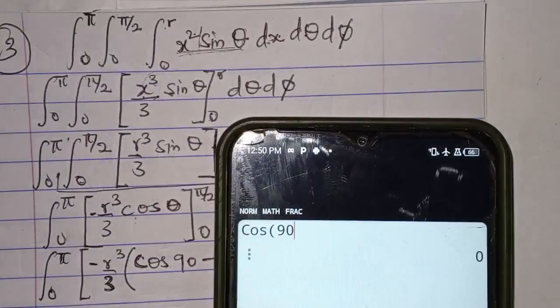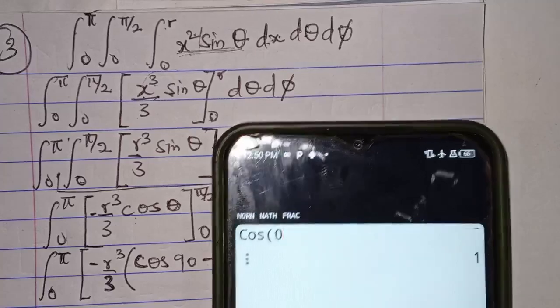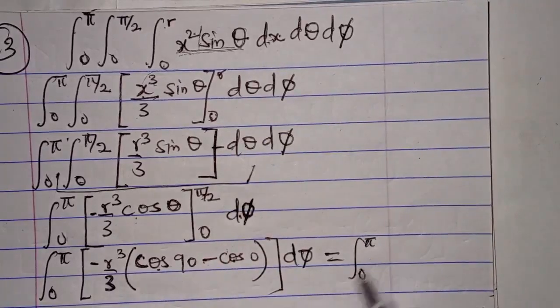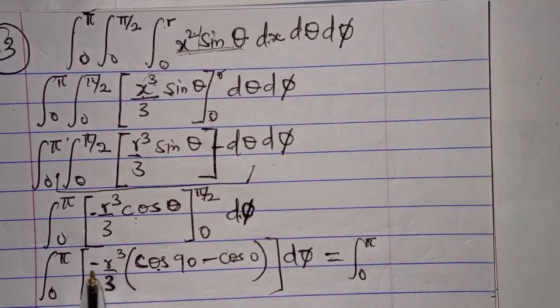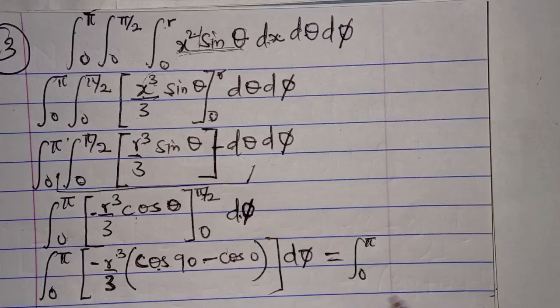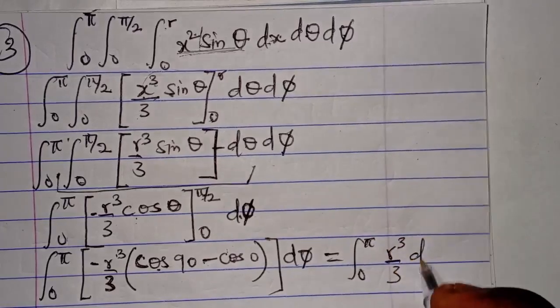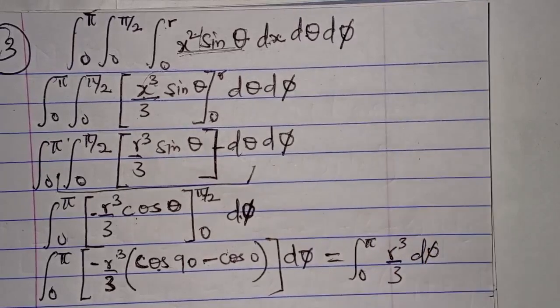Cos 90 is 0. Cos 0 is 1. So 0 minus 1 is minus 1. Minus 1 times minus r cubed over 3 is positive r cubed all over 3 d phi.